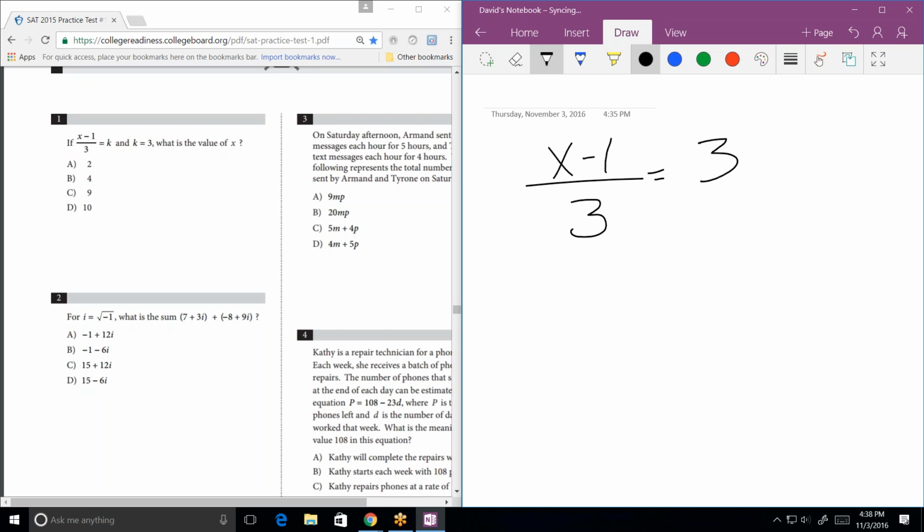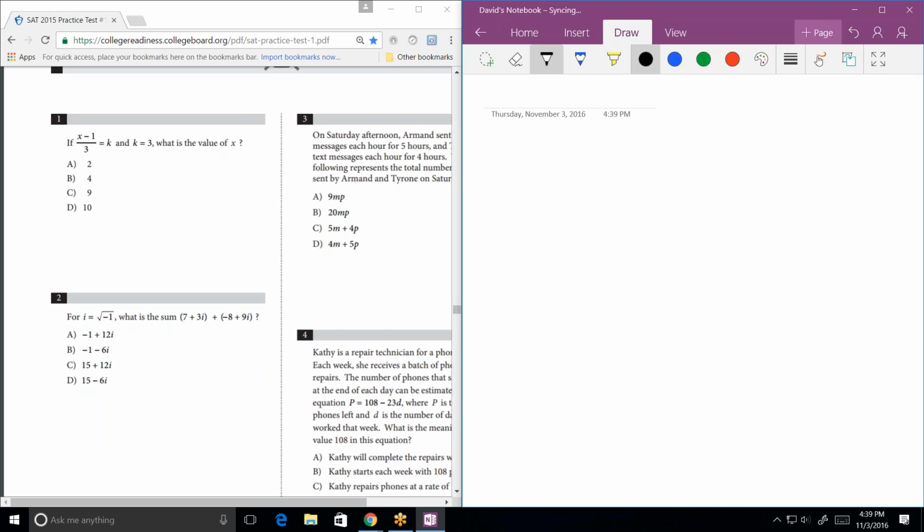You could divide by 3, but that gives you x minus 1 over 9 equals 1, which doesn't really help. The goal here is to solve for x. The way you do that is you get rid of this denominator by multiplying by 3, and then you get rid of this minus 1 by adding 1. So x equals 10.